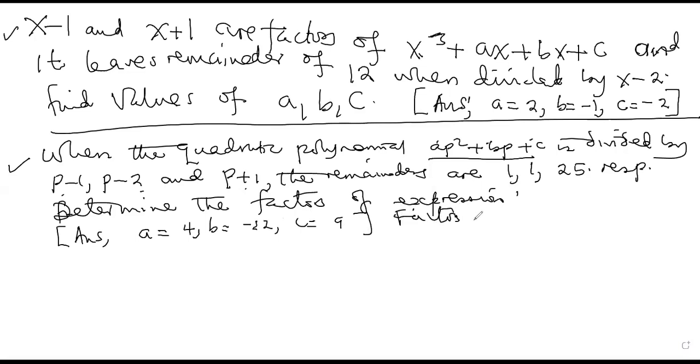You get the factors as 2p minus 3 and 2p minus 3. It is a repeated factor. So I expect you guys to get such when you carry it out.